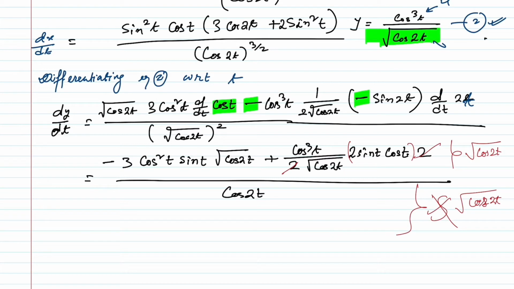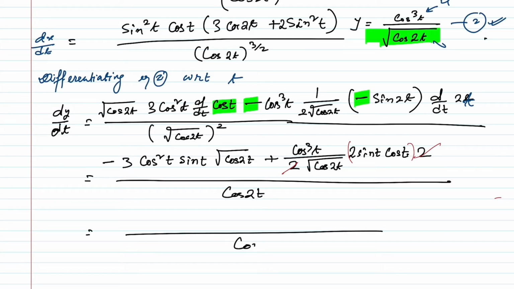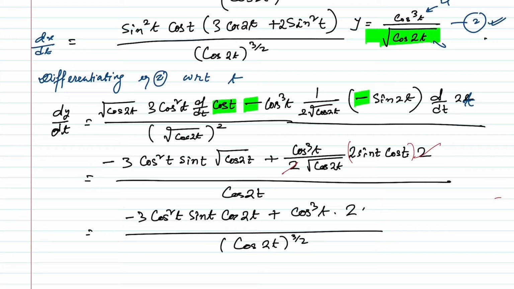If you do so, then in the next step you will get cos 2t to the power 3 by 2 in the denominator, and here we will get 3 cos square t sin t cos 2t plus cos cube t into 2 sin t cos t.